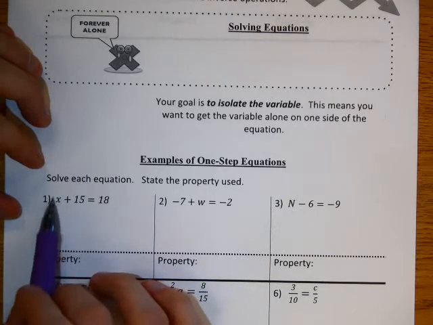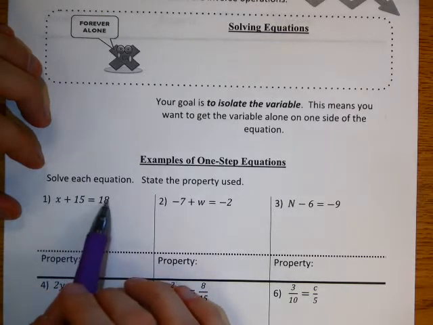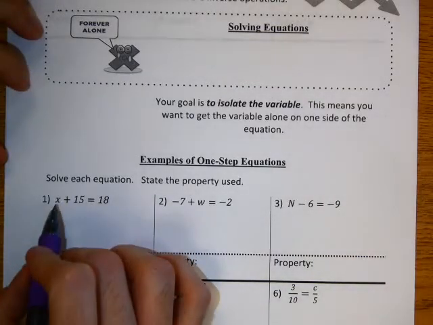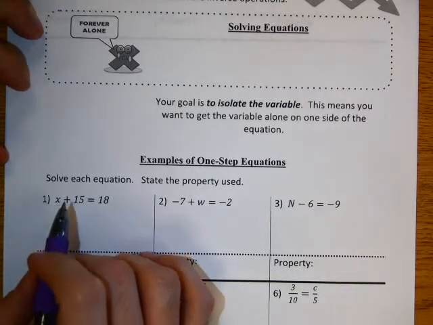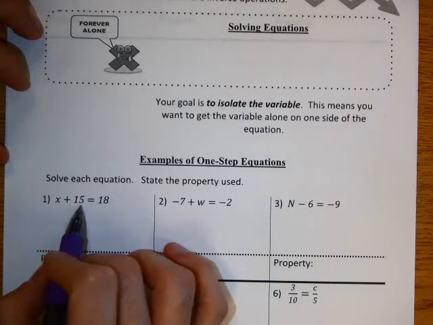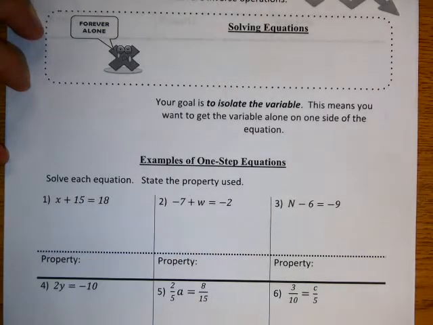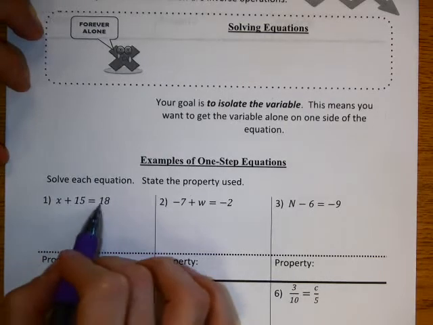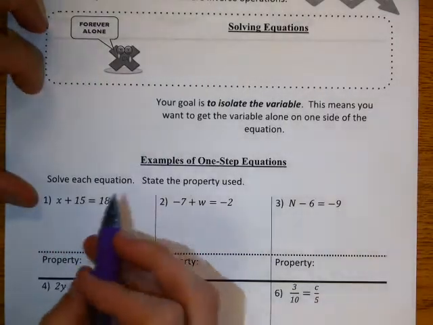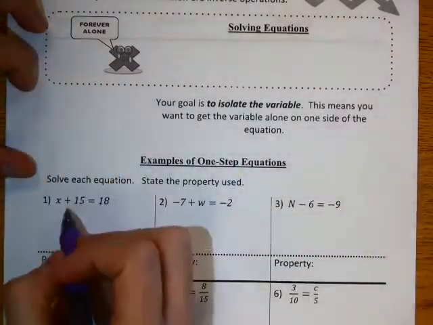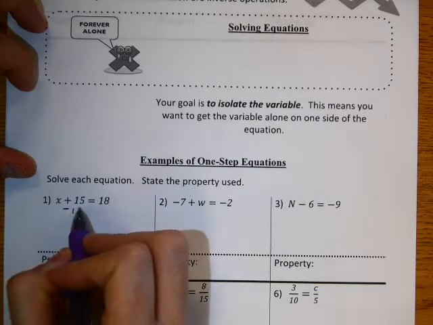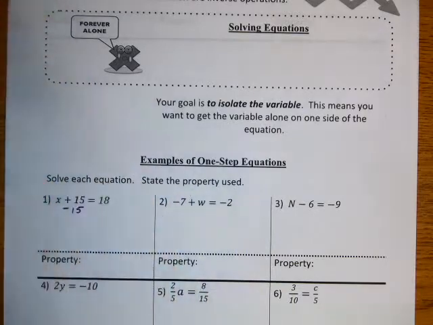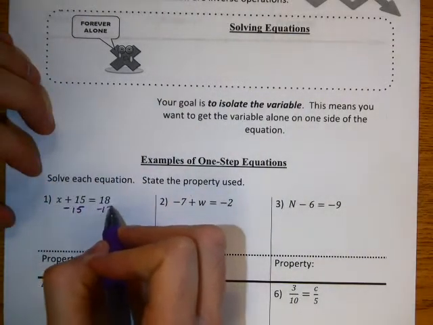Well, this variable plus 15 equals 18. That's almost like saying if I give Johnny 15 apples, he will have 18 apples total. So this is how many apples Johnny has. If I give him 15 more, he'll have 18. So what do we do? We use one of those properties from before. I'm going to subtract 15 apples. If Johnny has 18 and it's 15 more than what it used to be, then all I have to do is take 15 away.